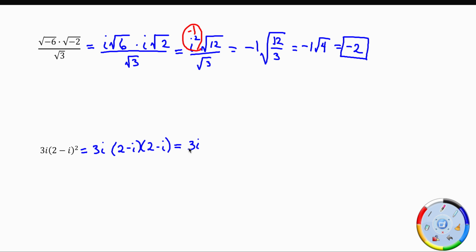So the shortcut is, I'm going to square that first term, which would give me a 4. I'm going to multiply both of these, everything, together. So 2 times -i is -2i, and double it. That's -4i. And then square this last term. Well, when I square a negative, it's positive.